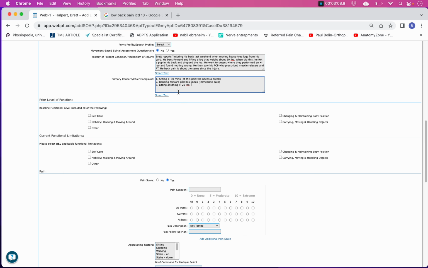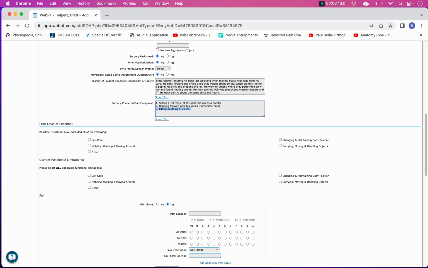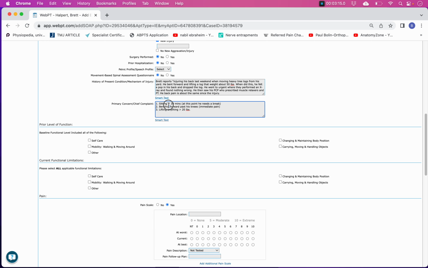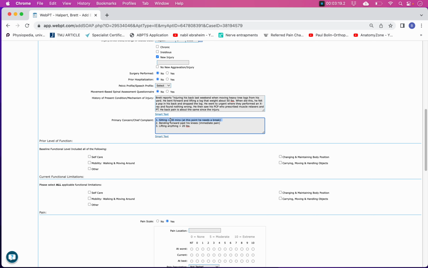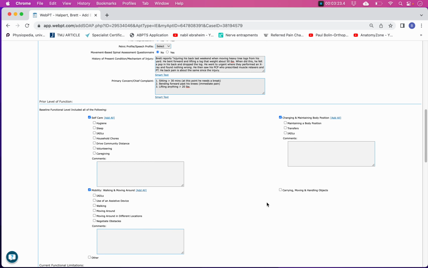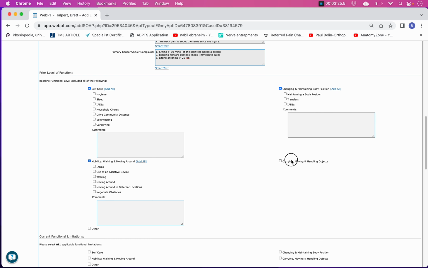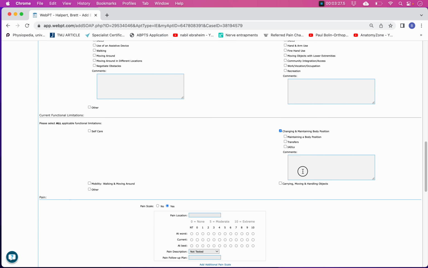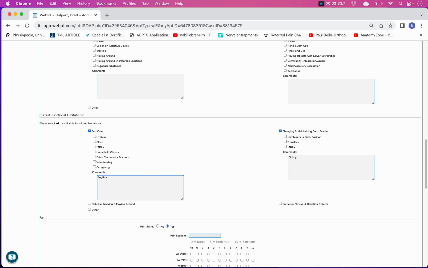Odds are if progress is a little bit slower, to make it easier for the patient to notice progress, we're making this objective so that way we can say, hey, you can sit 2 hours now where before you could only sit for 30 minutes. So for these, unless he's limited prior, I'm just checking all these. And then just doing a brief note like, all right, maintaining body position, sitting, self-care, anything bending forward.